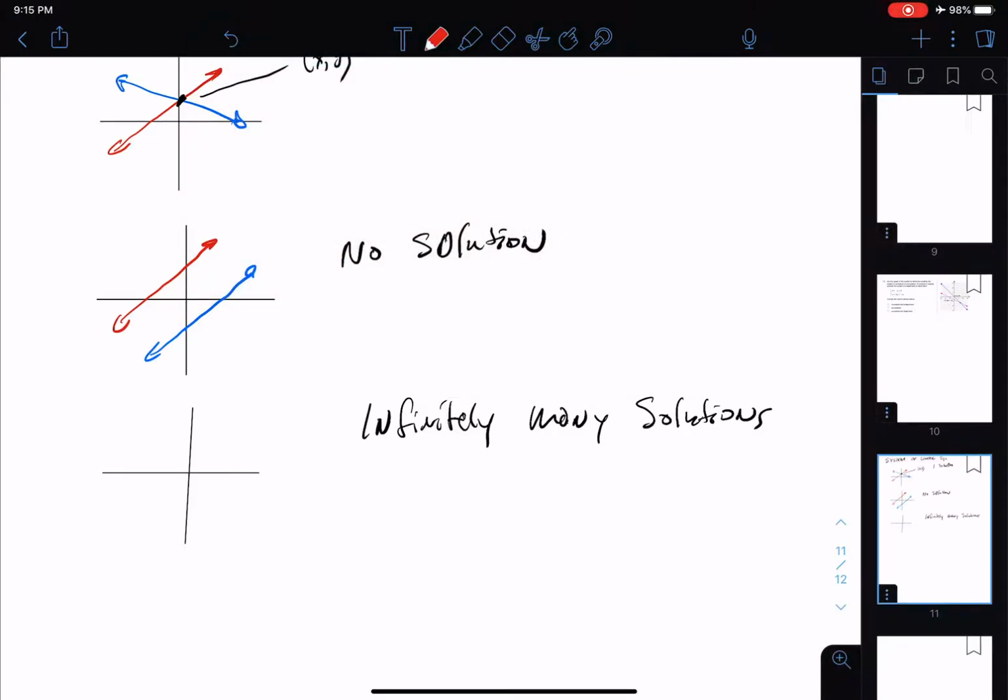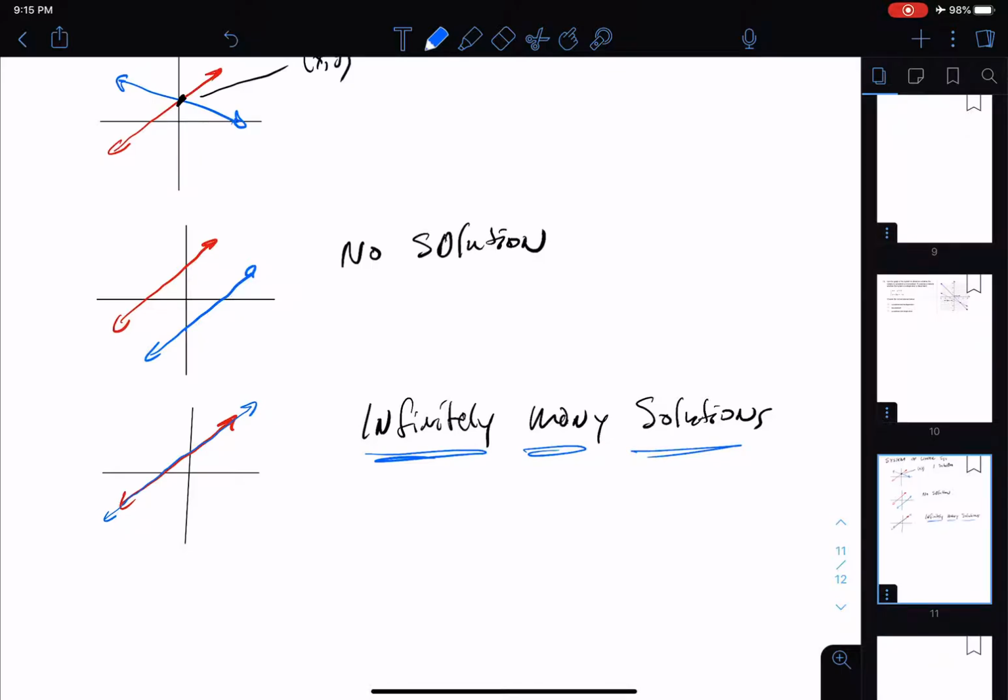They look like different equations, but if you solved for y, put them in slope-intercept form, you'd find out that they're the same exact line. So if I had a red line right there, and the blue line happened to be the same exact line as the red line, then how many places do they cross? They cross infinitely many places, infinitely many solutions.